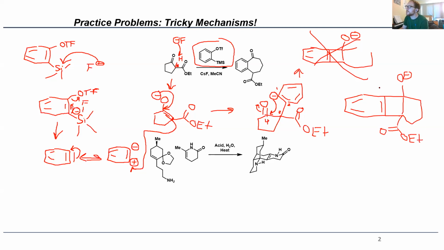And now we have this strained 4-membered ring that can be relieved through a fragmentation pathway. So we'll reform the carbon-oxygen double bond, and we'll break this strained carbon-carbon bond, and we can push electrons up to the ester. And that will get us to the enolate version of our product, which can protonate.